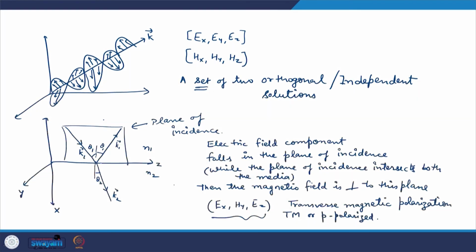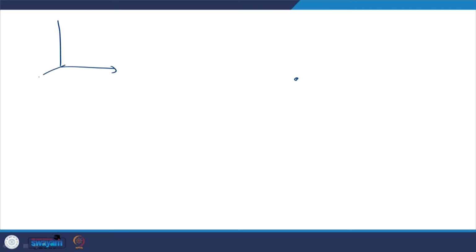Similarly, one can have another. This was the structure, you had y here, you had z and x here. So, you can have Ey, Hx, Hz.